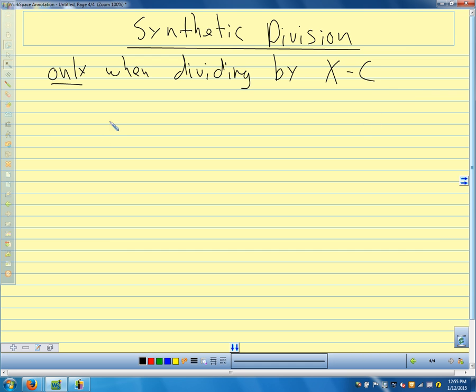So I just want to do an example to show the process. Synthetic division is really quick and easy. So 3x to the third minus x squared plus 2x minus 3 divided by x minus 2. The degree of the numerator is bigger than the degree of the denominator, so we can divide.